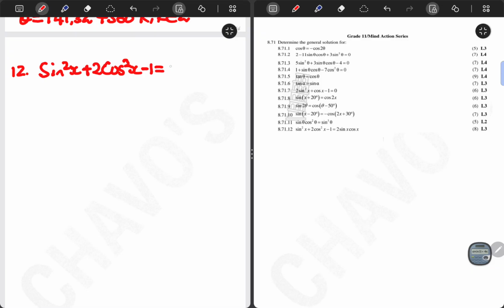Should be x equals to 2 sine x cos x. Okay, remember what I told you earlier, that if you've got sine and cos attached to each other like this, you need to remember the square identity.